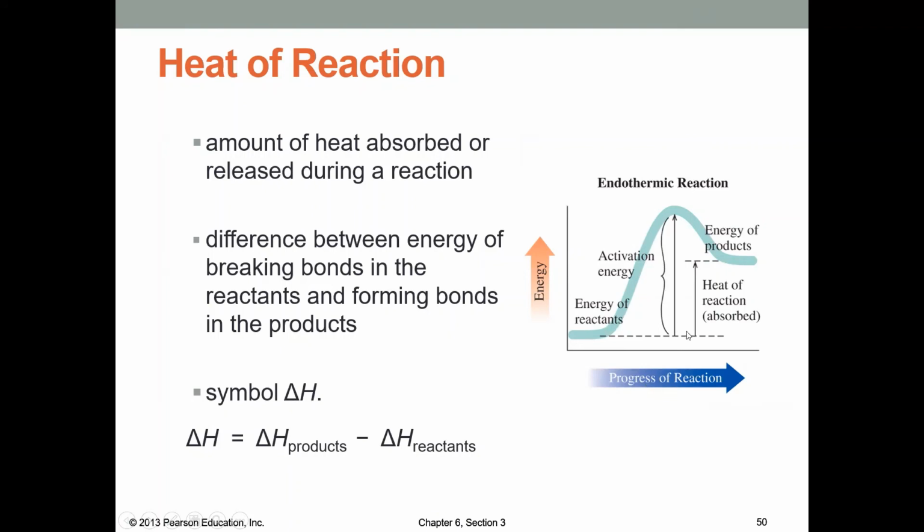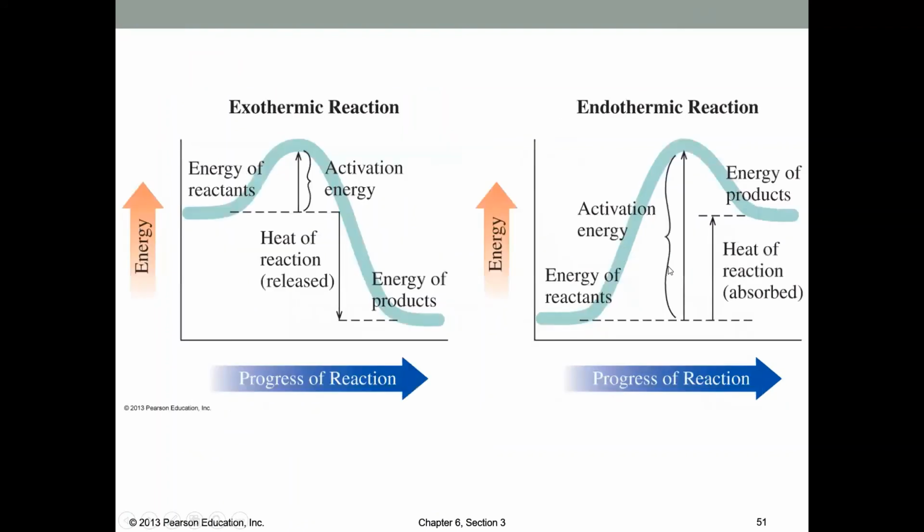And anytime we absorb heat in, we're becoming cooler. These are endothermic reactions. Our endothermic reactions will have a certain delta H, which is products minus reactants. Endothermics usually end up having a positive delta H.